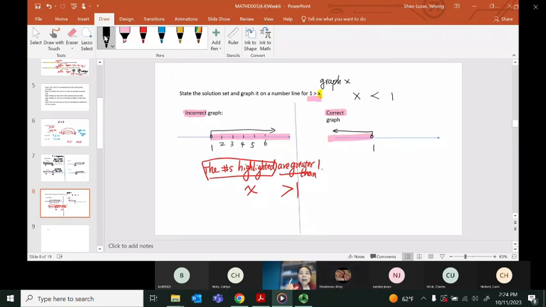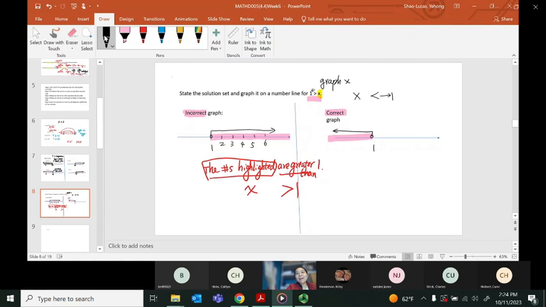Okay. So remember, the alligator's mouth always eats the bigger. So I can switch x and 1, but I have to flip the sign because 1 is bigger. The mouth has to eat the bigger one. So 1 is bigger, which means x is smaller. Just like when you compare our ages, if you're younger, that means I'm older, right?